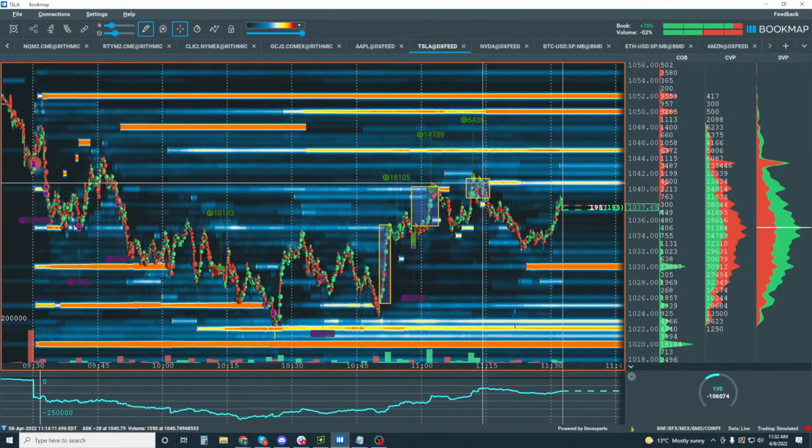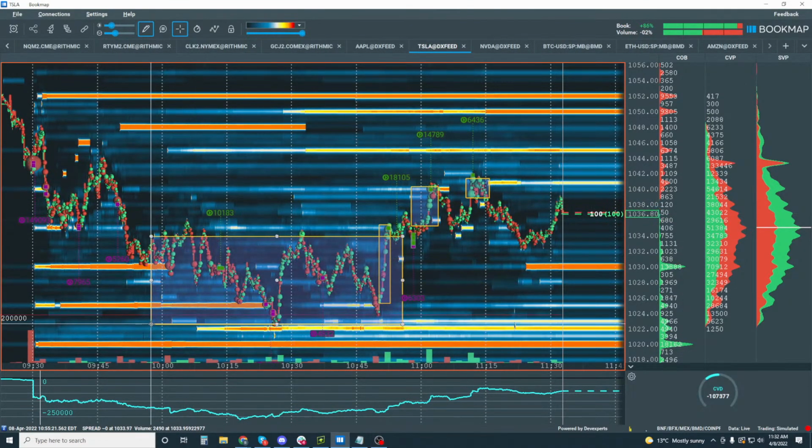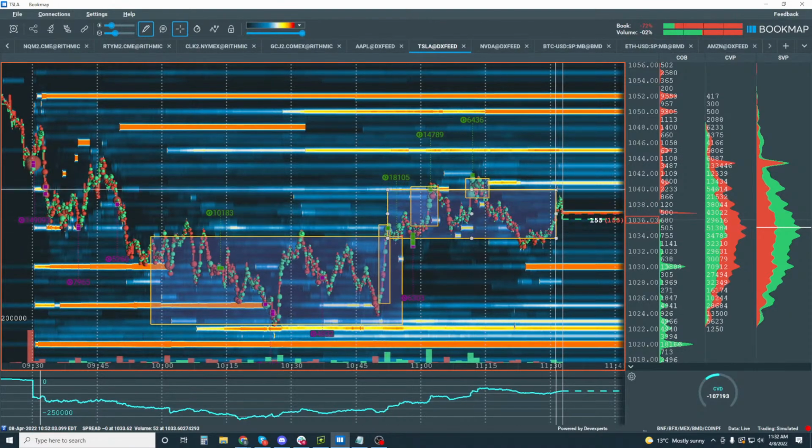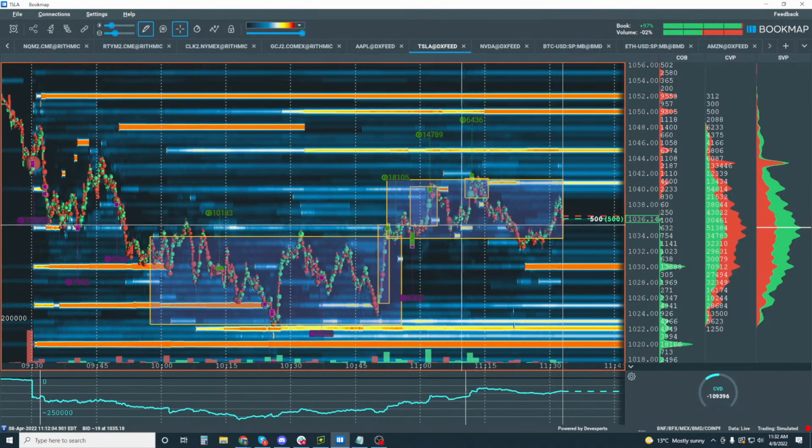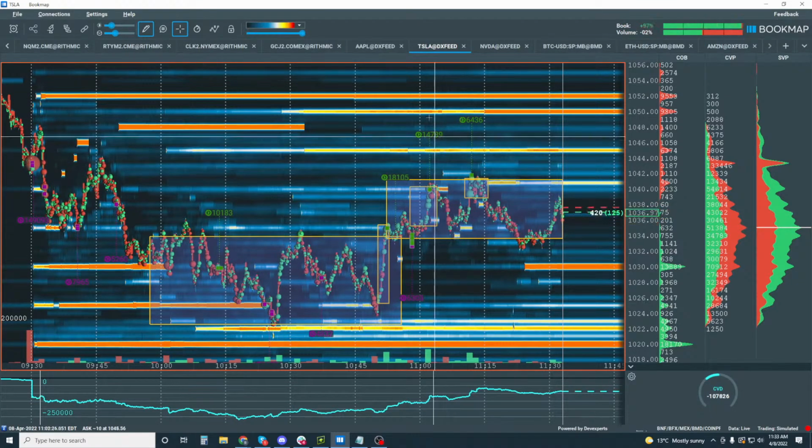This really looks good to me. It didn't. However, if we look at the structure, we got structure down here and sideways, and a lot of volume, and then we have broken and accepted above in this structure here. Okay, so still looking pretty decent, trading around in this structure between 33 and 41 or so.